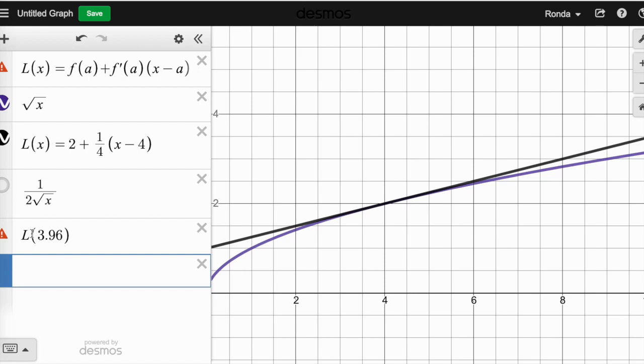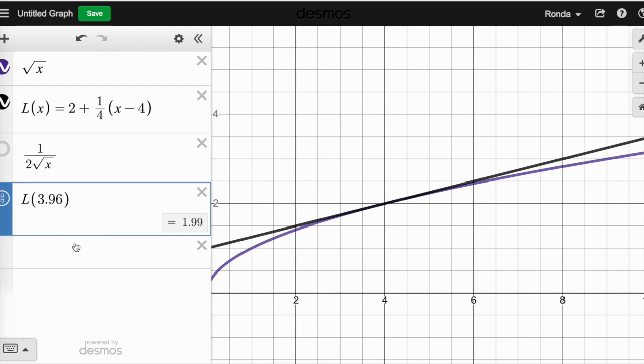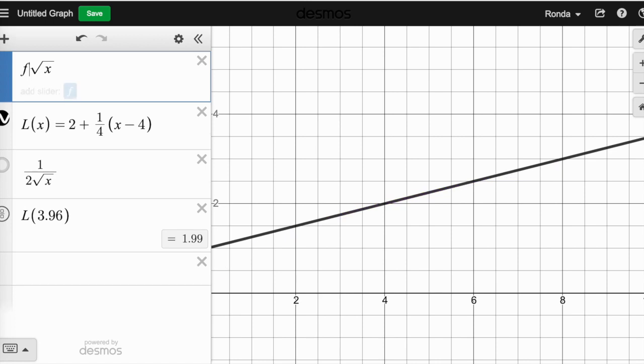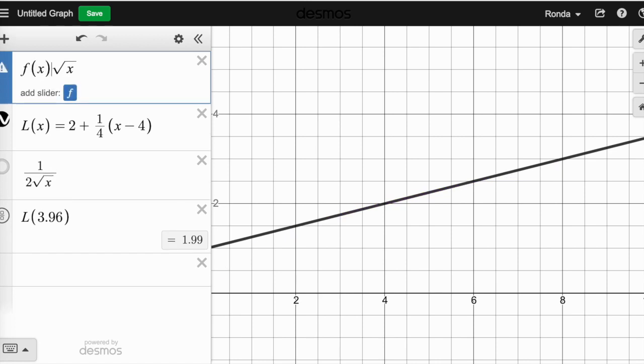Oh, because I've got this up here. Let me delete that. Okay, there we go. L of 3.96 is 1.99. So let me go back up here and actually call this f of x. So then I can do equals.